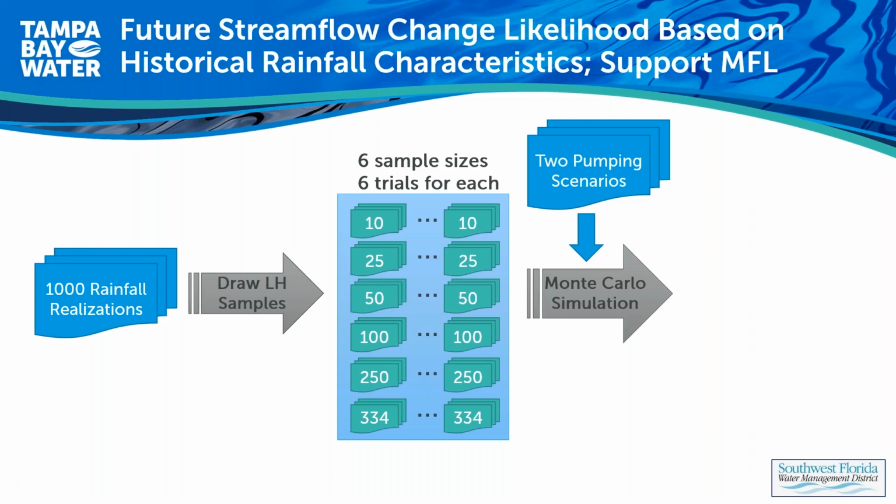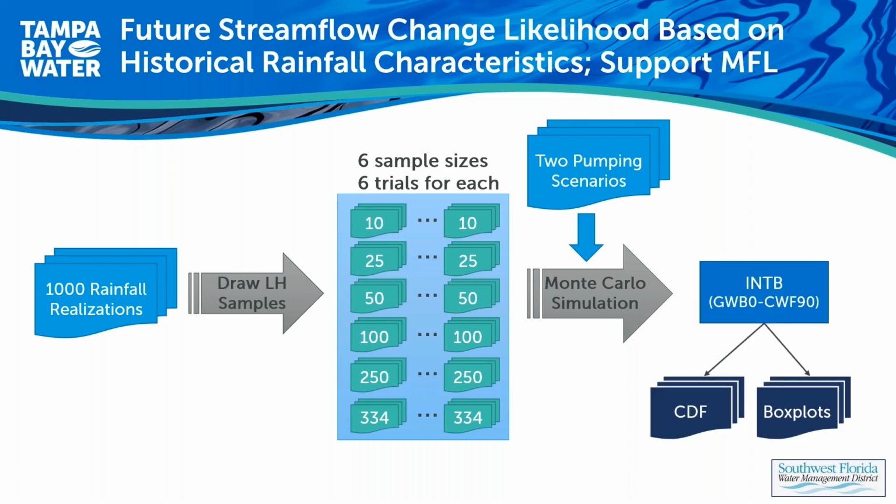2 pumping scenarios plus these Monte Carlo rainfall realizations are run through the INTB model, which defines output for the no pumping case, one of the scenarios, and the pumping case, the other scenario, for all 1,000 rainfall realizations. So it's a lot of data.